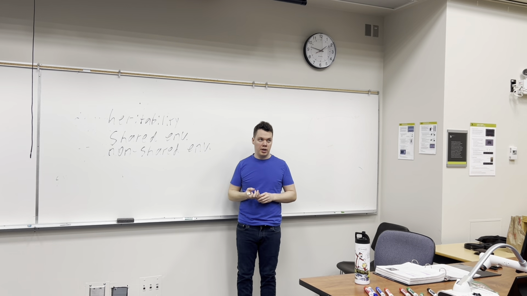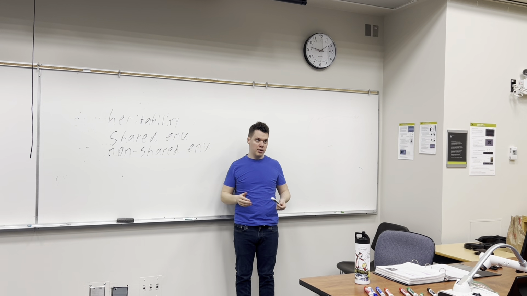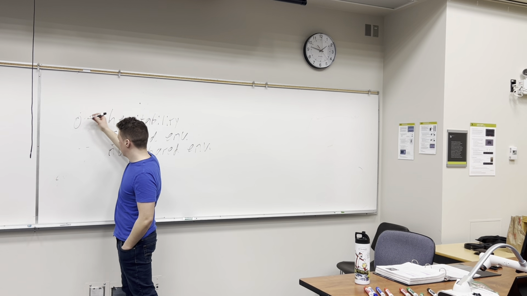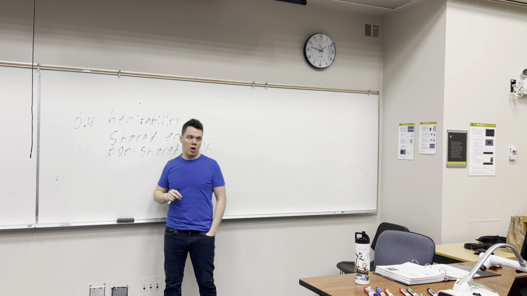Heritability is genes. Each of these gets a number from 0 to 1, and they add up to 1. So if, off the top of my head, personality is something like 0.4 heritable, what that means is 40% of the differences between people in personality are due to genes.